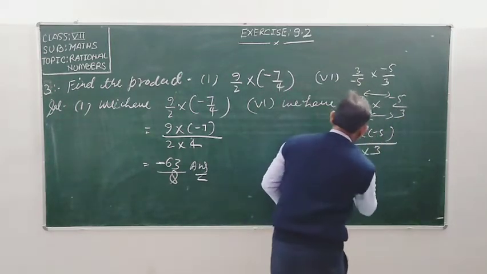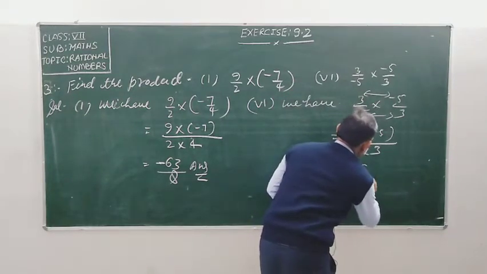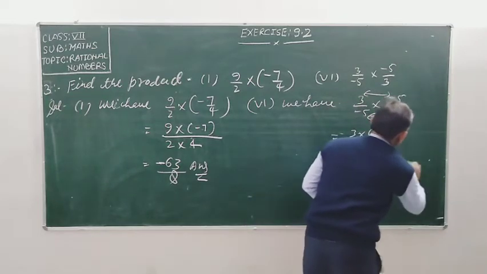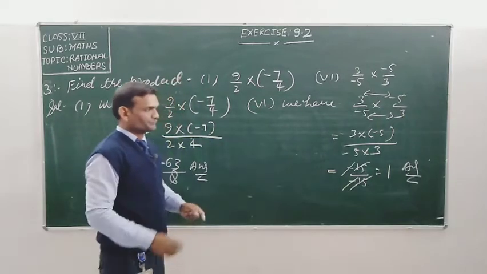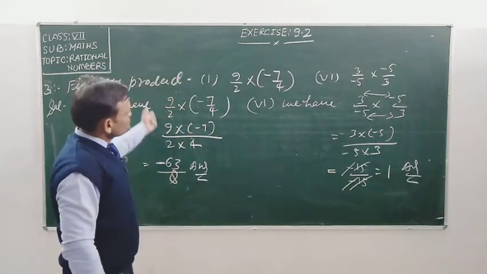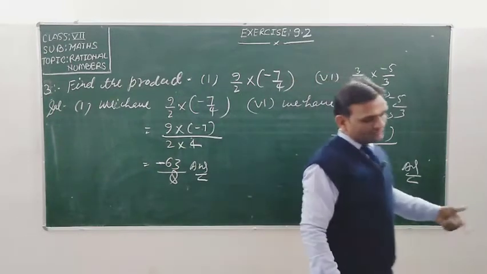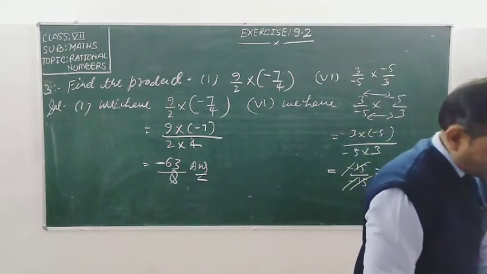So 3 5s are 15, minus 15 upon minus 15, and minus minus cancel, 15 1s are 15, so my answer is 1. So in this way, student, you will solve the second, third, fourth and fifth parts also in your fair copy.